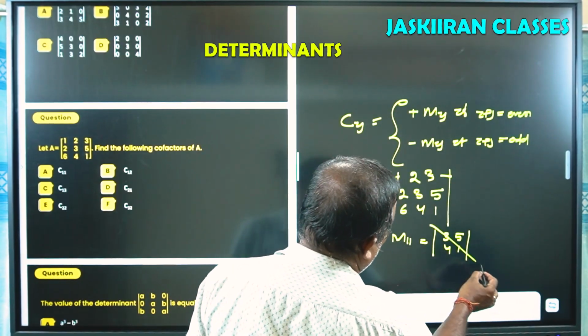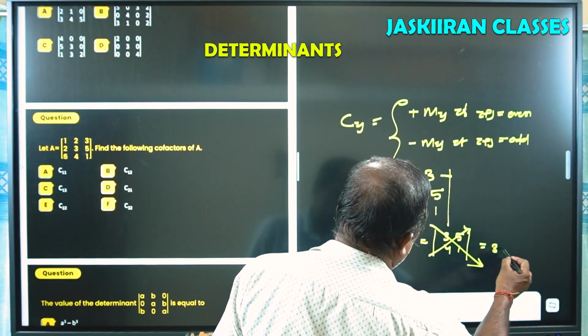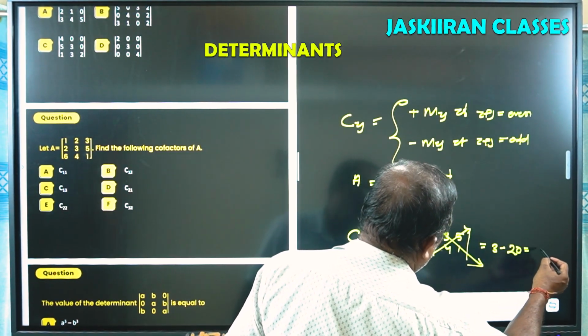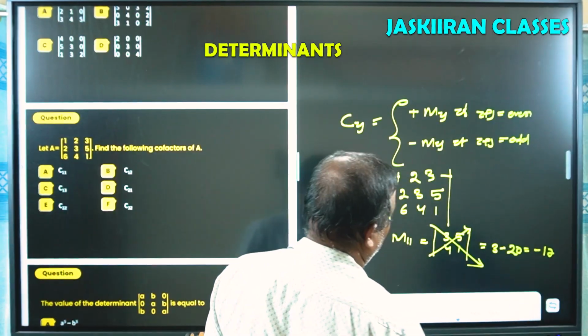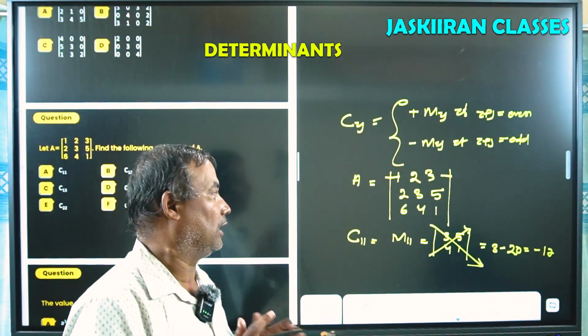Now the principal diagonal minus the secondary diagonal: 15 minus 32 is equal to minus 17. That is the cofactor C11.